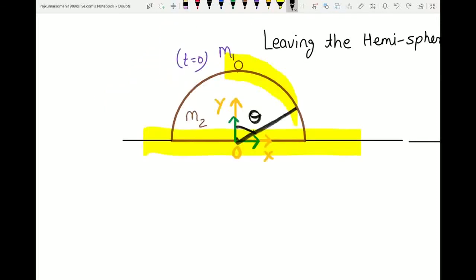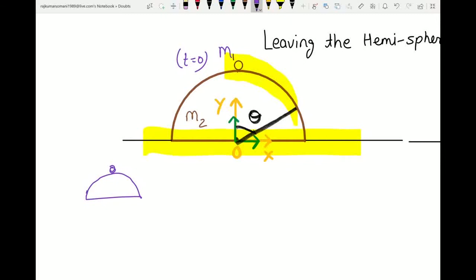Since there is no friction between the horizontal ground and the hemisphere, I can say that a system of both the bodies combined will have no net horizontal force. If I consider both the bodies as our system, this particle mass and this hemisphere, on this system there is no net horizontal force acting.